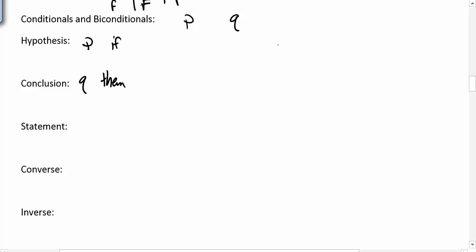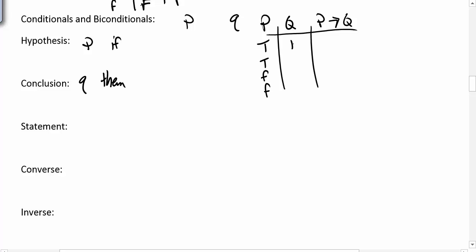Now, when we look at the truth table for this, go back to our 4 statements here. So we got true, true, false, false, true, false, false, true.